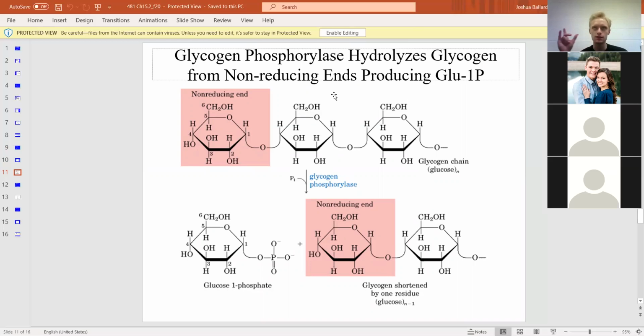A phosphatase removes a phosphate group, but a phosphorylase is an enzyme which allows a phosphate group to attack and to break off or cleave glucose molecules. So this is what allows the formation of glucose 1-phosphate.